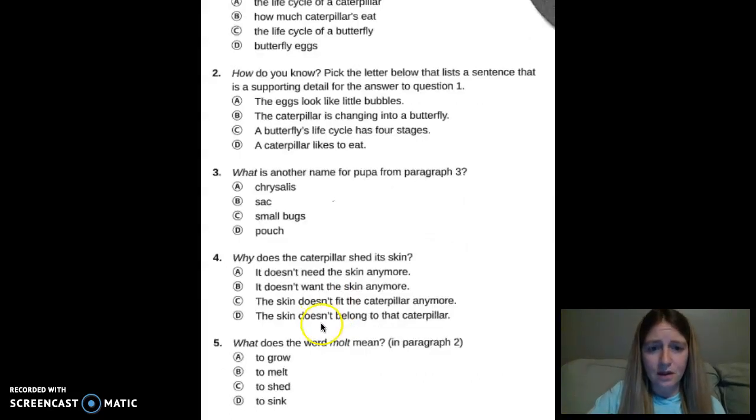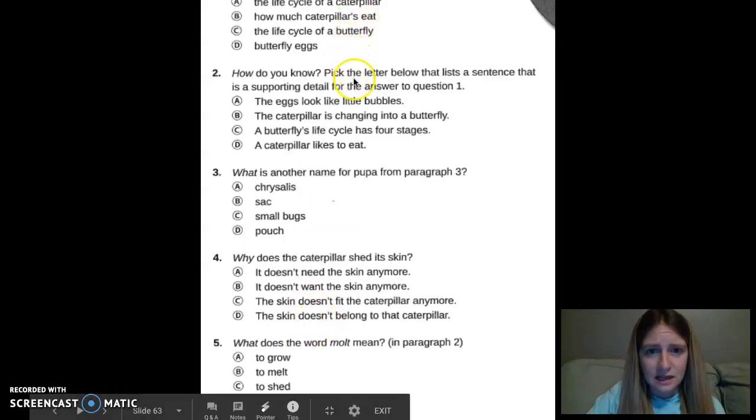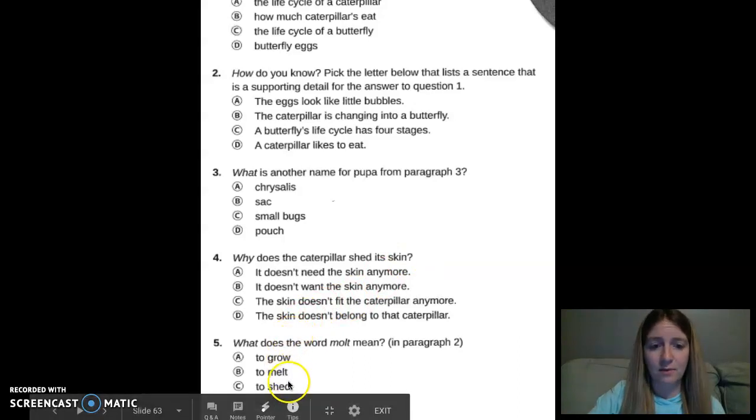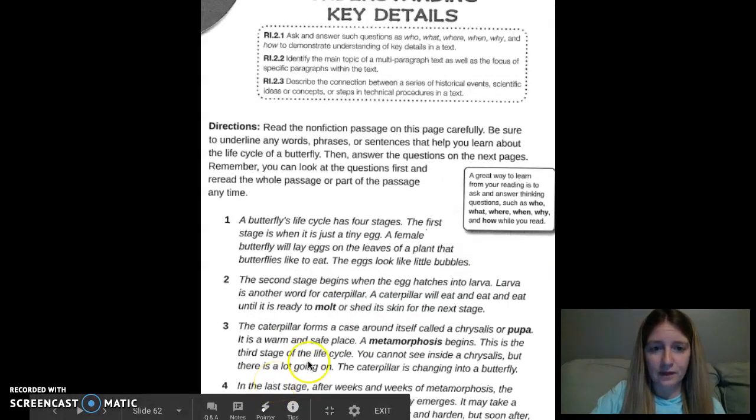So let's see, where does it say molt? Right here. What does the word molt mean? In paragraph 2, and that's what I just read. So to grow, to shed, to melt, or to sink. I remember it was to shed.